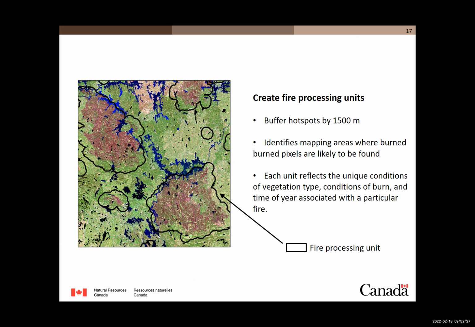So the idea here is that within each of these spatial units, each of these fires where we have this envelope that we created, we can then extract the unique spectral signature of that fire, because remember, all the fires are going to have different curves based on the time of year it burned, what burned, those sorts of things.